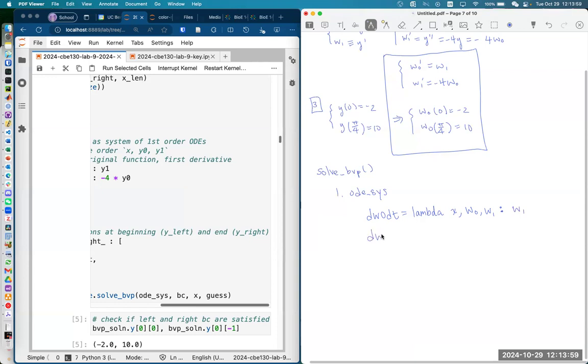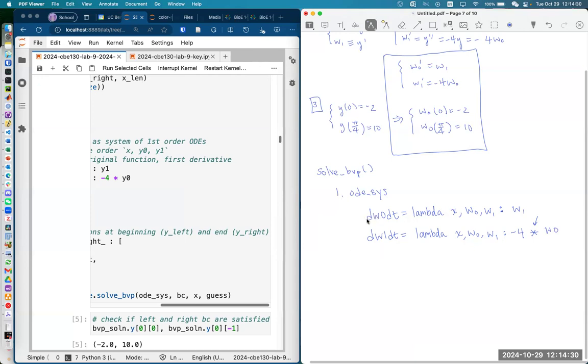For dw1dt, we also define it as a lambda function of independent variable x and dependent variables w0 and w1, and then it is equal to minus 4 times w0. In Python, we need to use stars as times. If you don't use the star, it will be a syntax error. So minus 4 star w0.